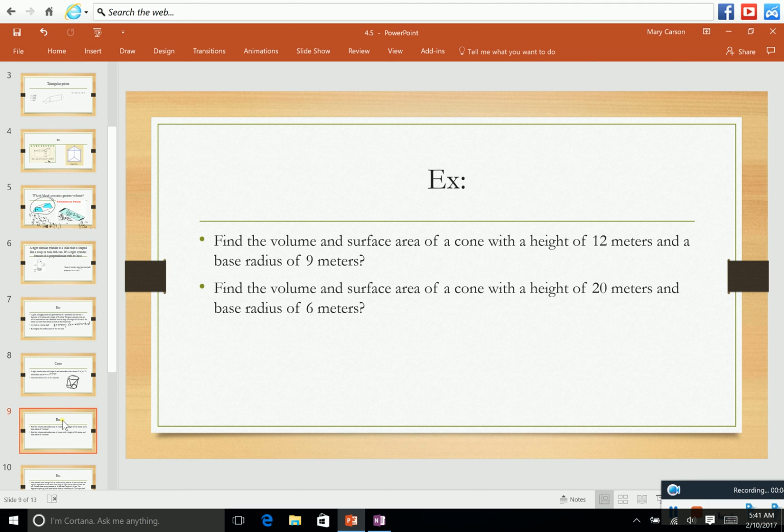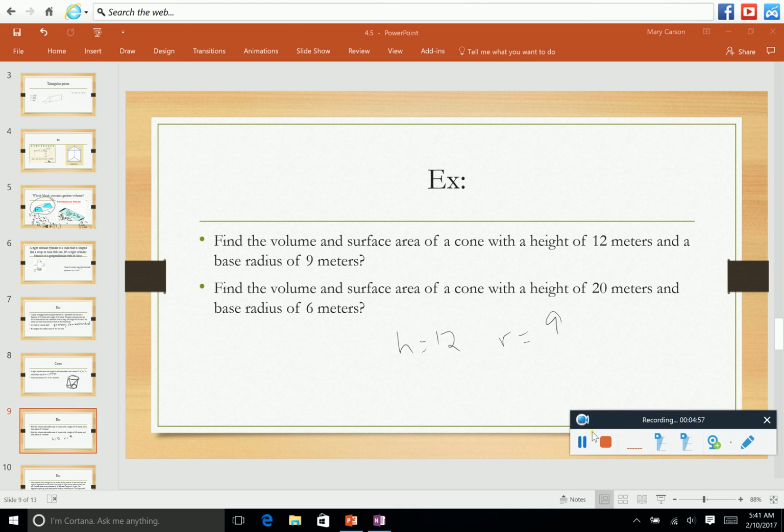All right, so find the volume and surface area of a cone with a height of 12, and a radius of 9. We want to find the volume. So volume equals 1/3 pi r squared times h. So 1/3 times 3.14 times 9 squared times 12.